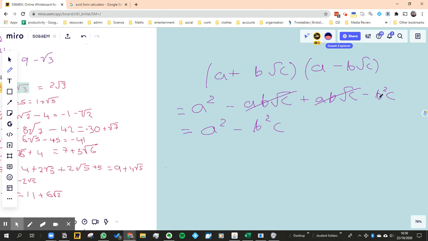So, just double checking I got that right. Yeah. So if we assume that A, B, and C were all whole numbers, then you're always going to get a non-surd value if you multiply it like this.